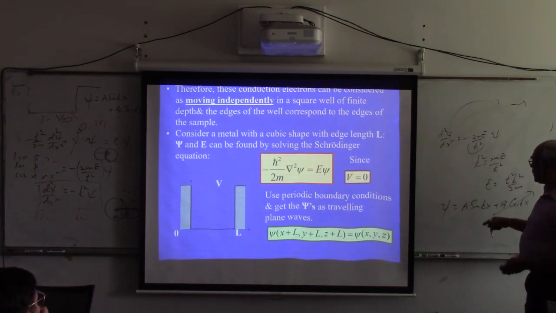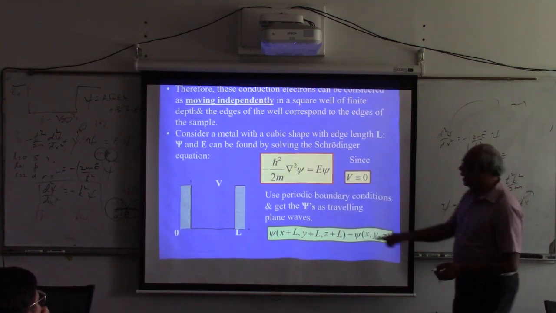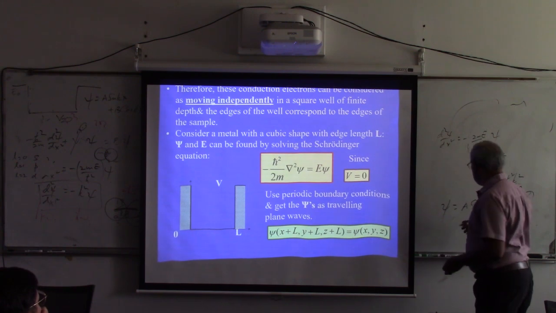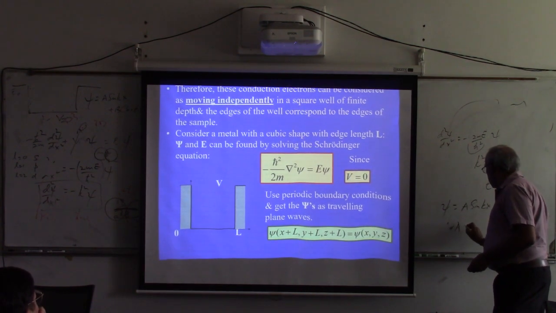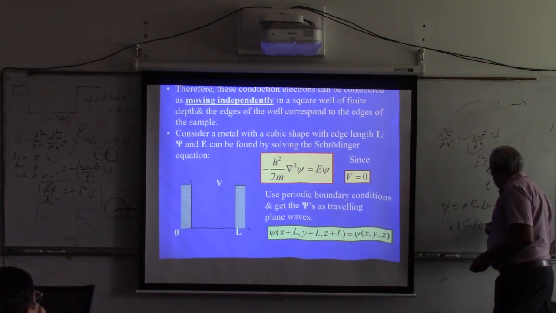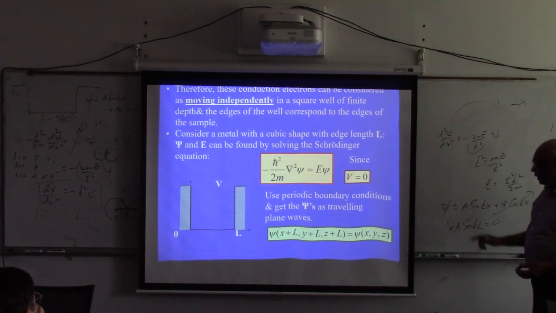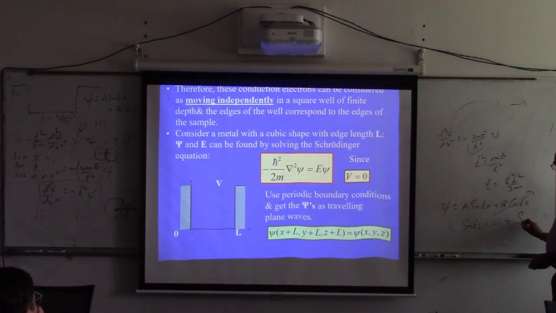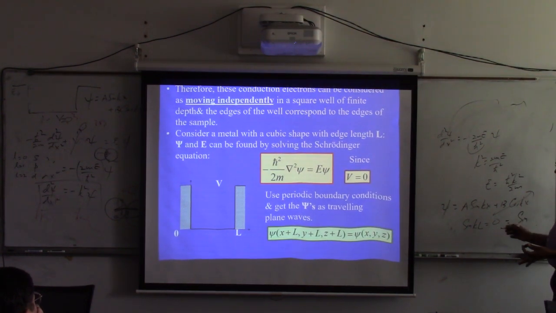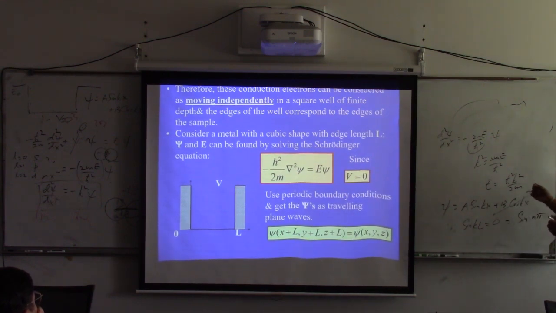Then at x equals L, I can write psi equals a sine kL, which also becomes 0 at L. So sine being 0 means the argument is n times pi; 0, pi, 2 pi, all these give 0.